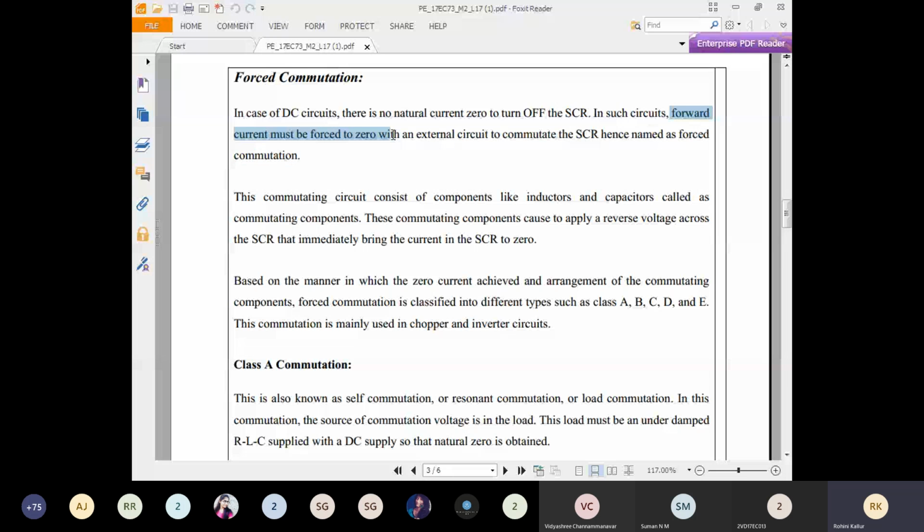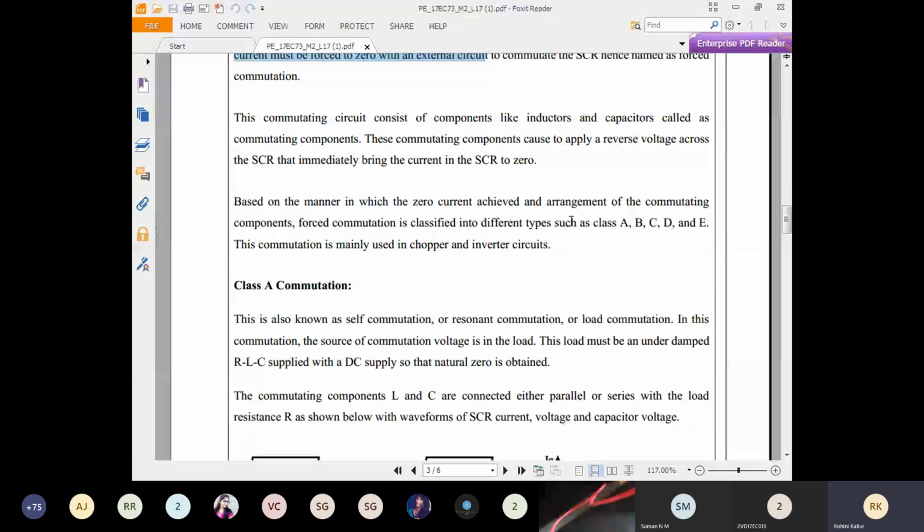Okay, so by using the external circuitry, we are forcing the current to get the value equal to 0, or equal to the holding current. So this particular circuitry is called forced commutation.